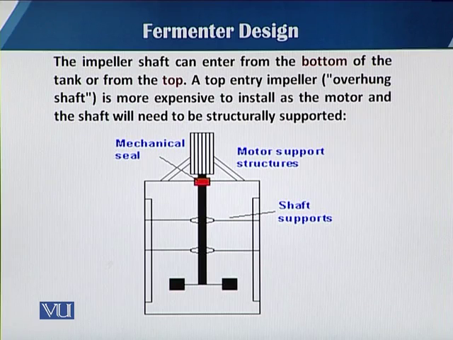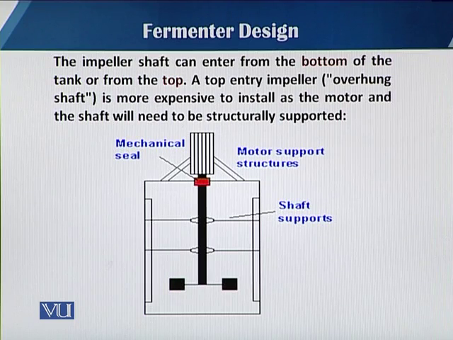When we talk about the impeller, first we have to think about the placement of the motor. Sometimes the motor is placed on the top, and in some fermenters the motor is attached to the bottom. In both cases the purpose is the same, just to agitate.